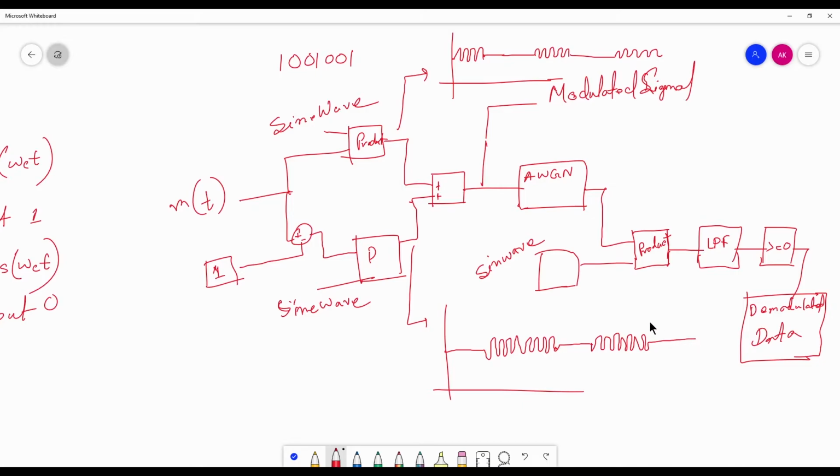again 0. And if we add these two things, what we will get at this point is something like this. So this will be high. Okay, then the next start will be from here.